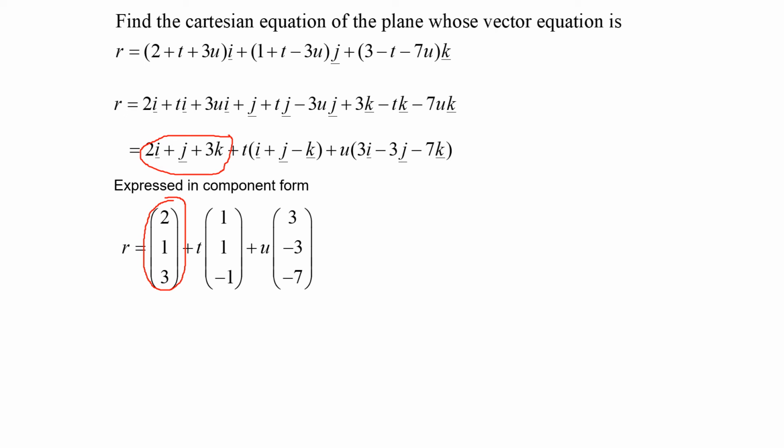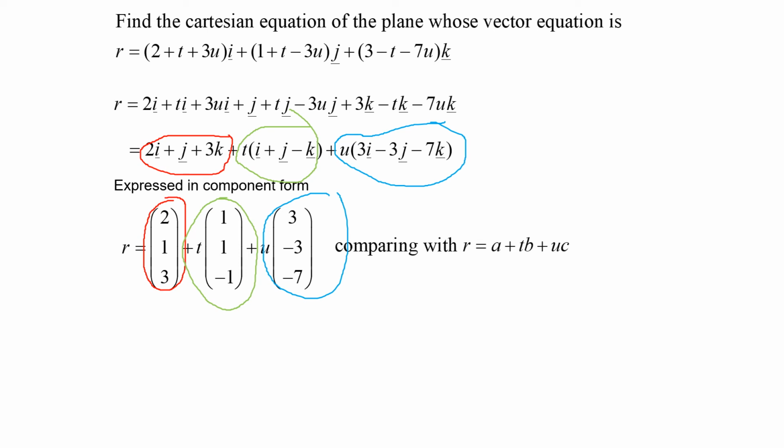And then t is multiplied by coefficients of i, j, k respectively, which is this part here, 1, 1, negative 1. And then followed up by u, which is multiplied by coefficients of i, j, k respectively for u. So once you express it in component form, then you can proceed further.